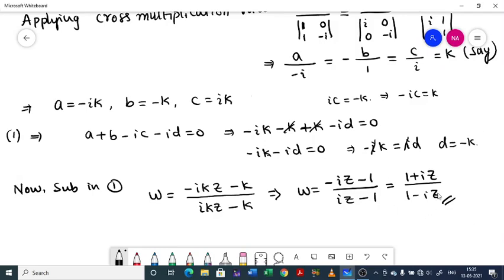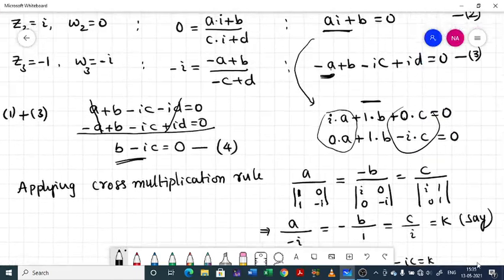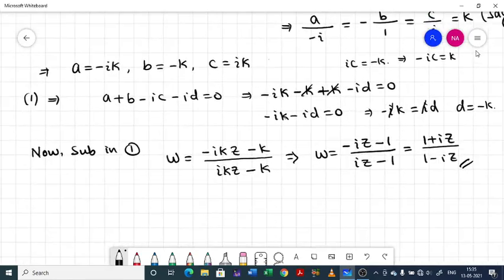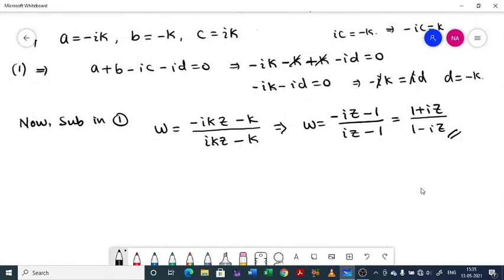You can check the points. First point is z equal to 1. You get 1 plus I divided by 1 minus I. Rationalize it, multiplying and dividing by 1 plus I. You can check that you will be getting I. When z equal to I, w is 0.